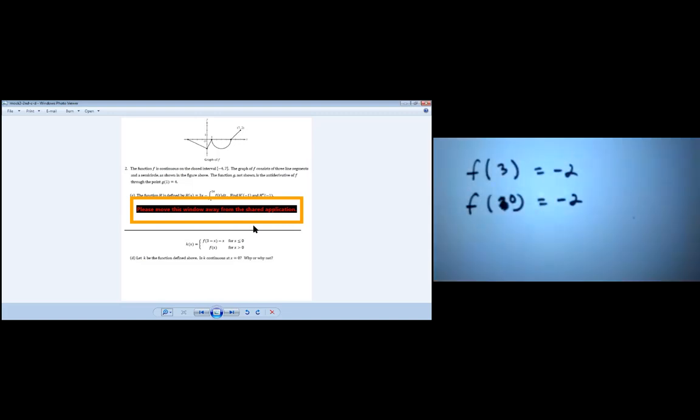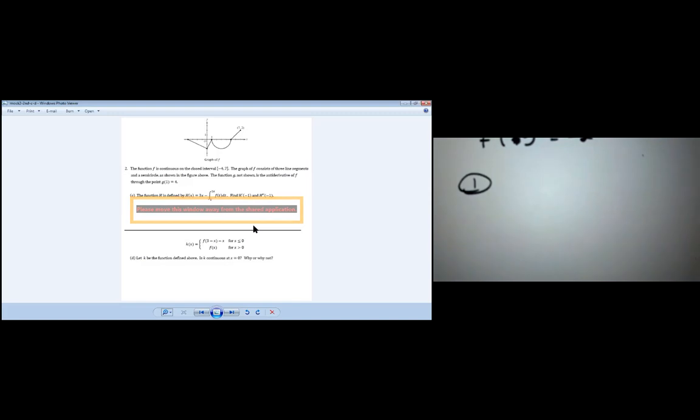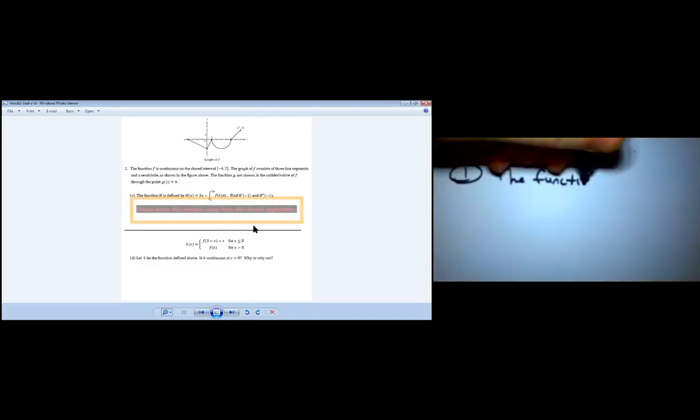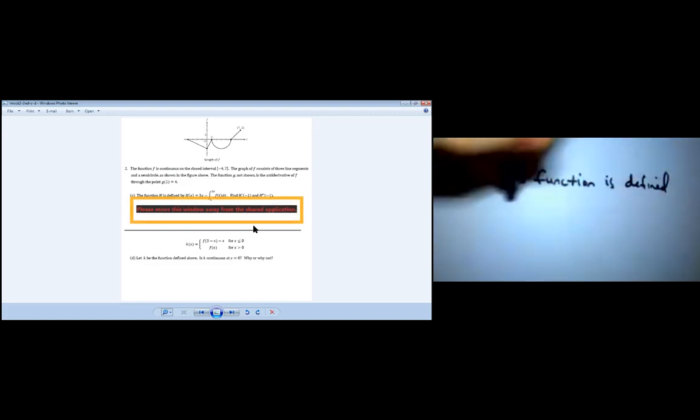All right, so if something's going to be continuous, we need 3 rules. And the first rule is that the function is defined at x equals 0, right?